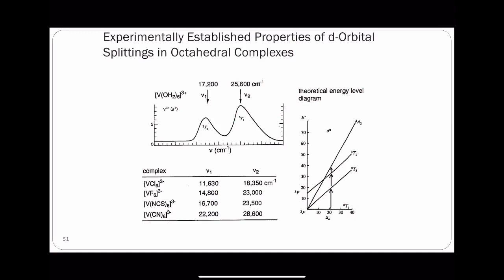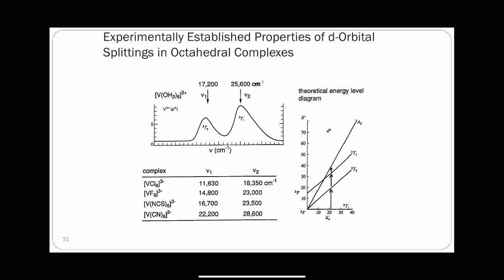So I'll talk a little bit about how we can use our experimental UV-Vis data and a Tanabe-Sugano diagram in order to determine our d orbital splitting in octahedral complexes. Basically, what we can do is first off convert our energies of our transitions to wave numbers.